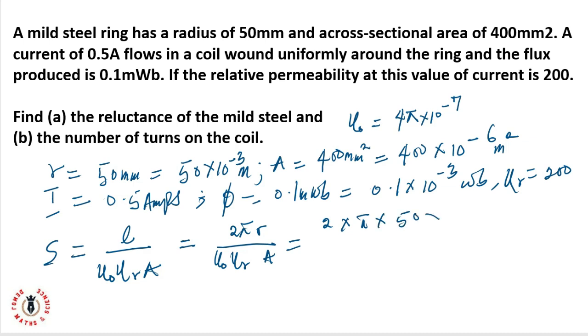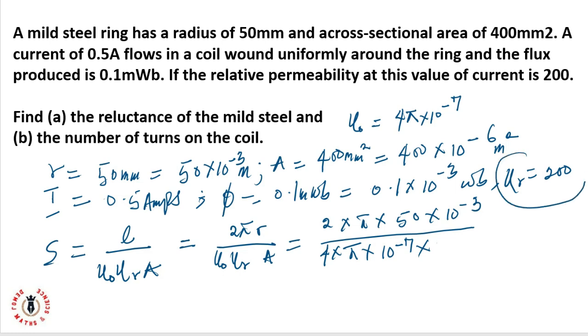My r is 50 times 10 raised to power minus 3, over mu naught, that's 4 times pi times 10 raised to power minus 7, times mu R, my relative permeability, which is given to be 200, times the area A, which is 400 times 10 raised to power minus 6.